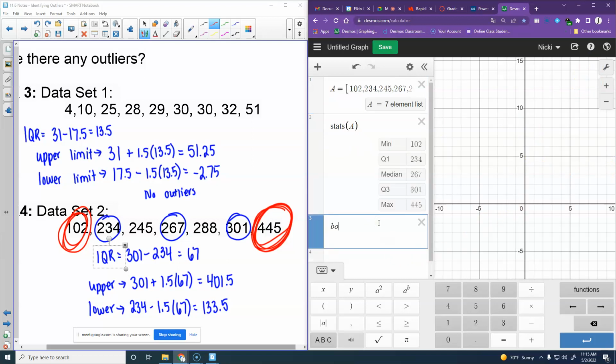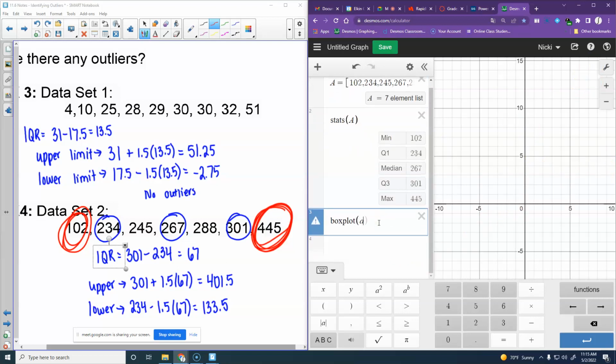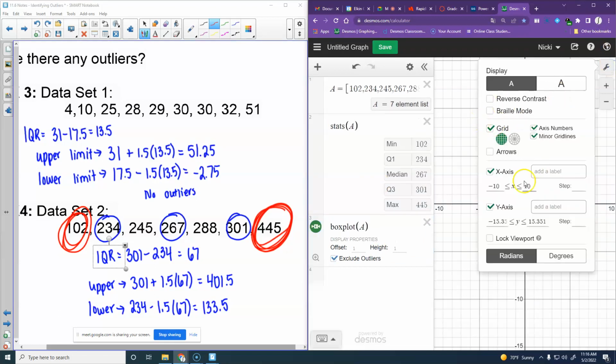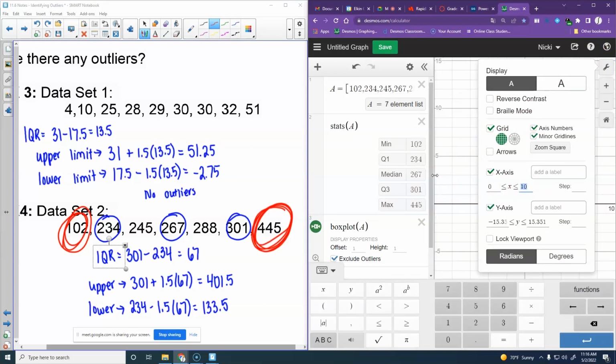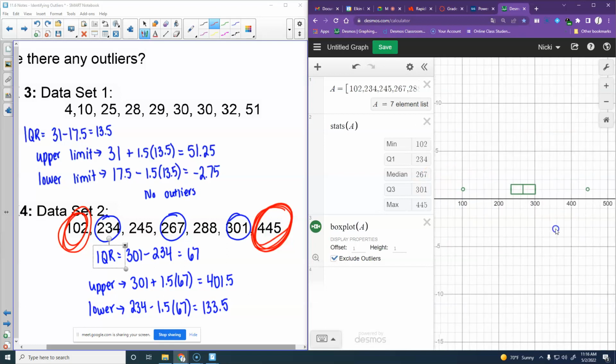If I do a box plot, and let's change this. We need our x to go from 0 to 500 so we can see it. It makes a really strange box plot, actually, because Desmos, if something is an outlier, shows it as a dot instead of showing it as that line.